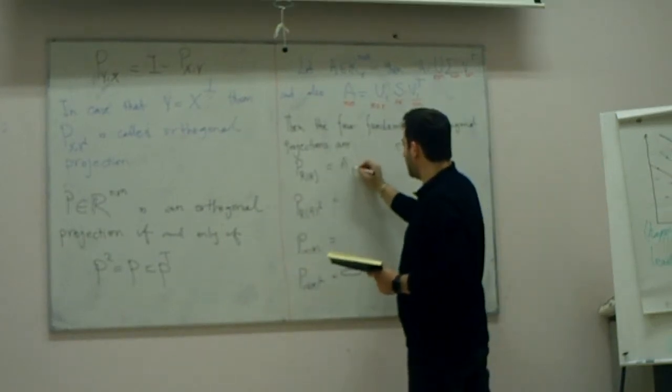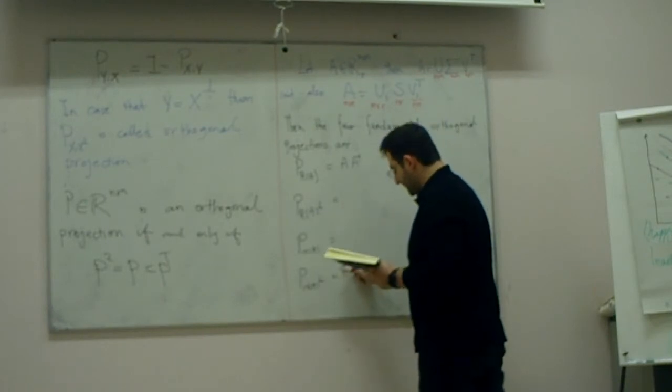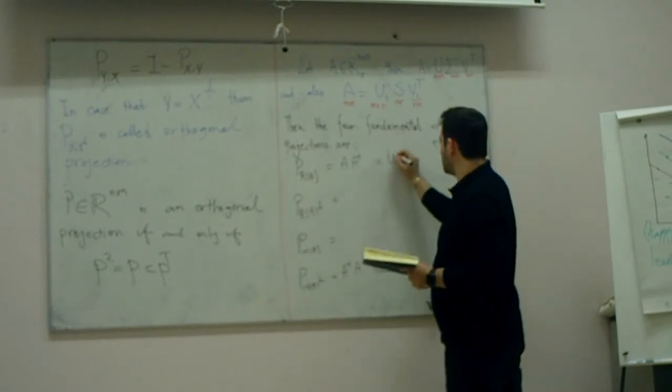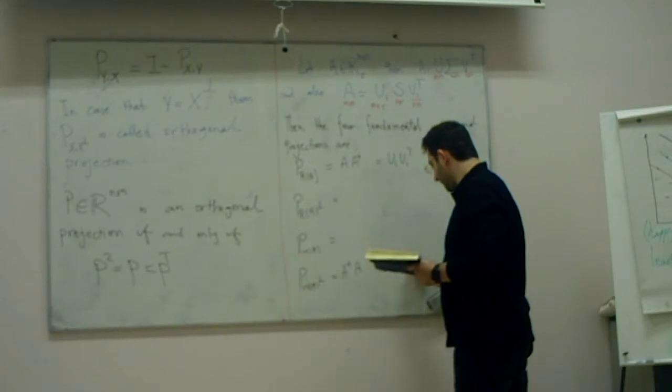This one is A plus A. This one is A A plus. This means U1 U1 transpose. This one means V1 V1 transpose.